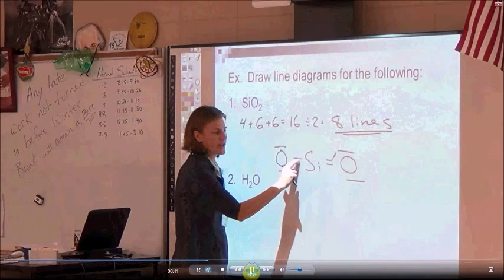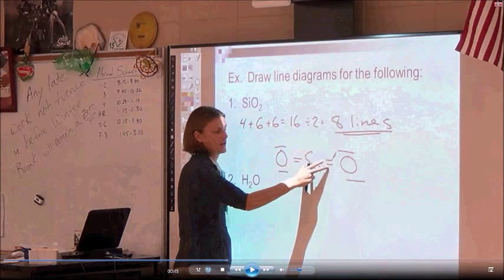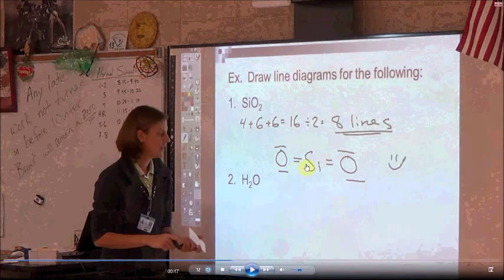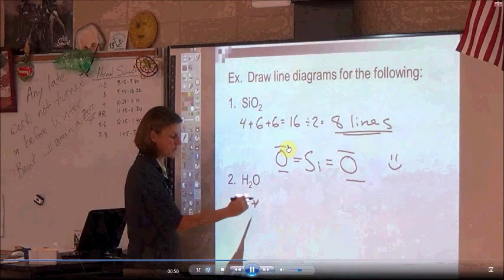And that way we didn't add any extra lines, we still have our 8 lines, and this silicon in the middle is now happy because there are 4 lines touching it. If you look at it surrounded, it has 1, 2, 3, 4. This oxygen also has 4 because those bonding pairs count for it as well. Likewise for this one on the right. So that is the correct structural formula up here.